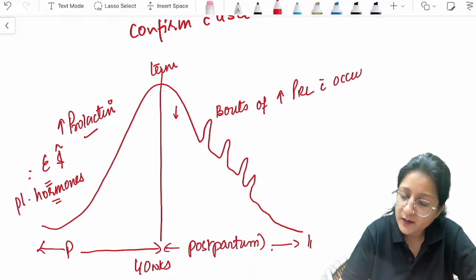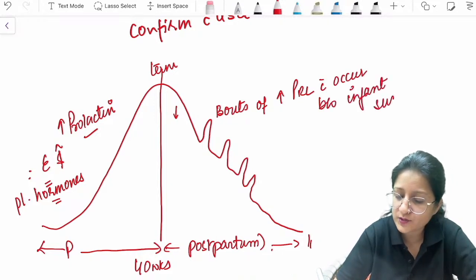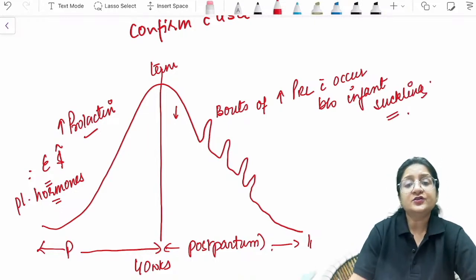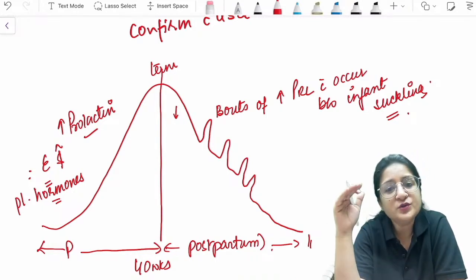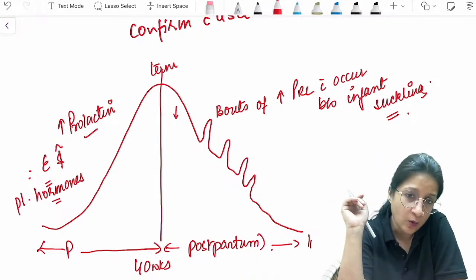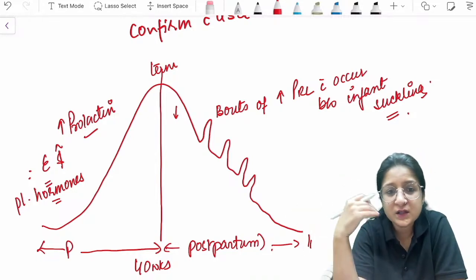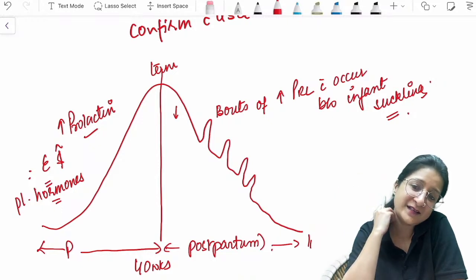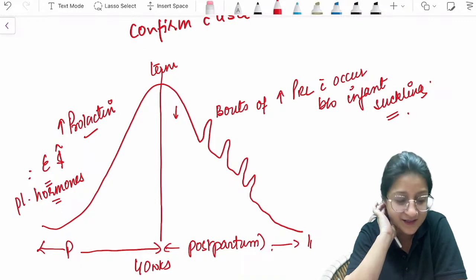They occur because of infant suckling. Whenever the woman breastfeeds, it causes bouts of increased prolactin secretion. But primarily, after delivery, the stimulus for constant prolactin secretion was the placental hormones, and that isn't there.